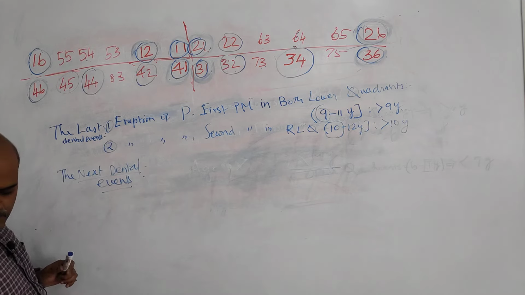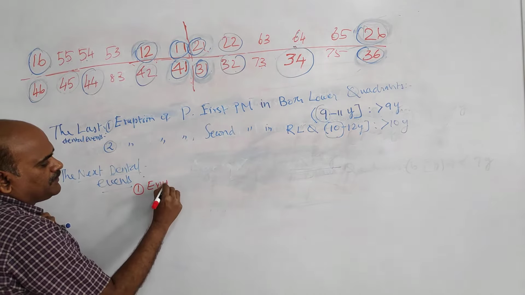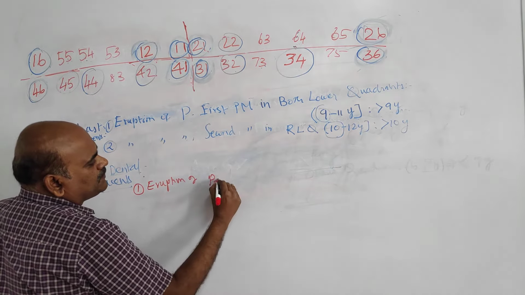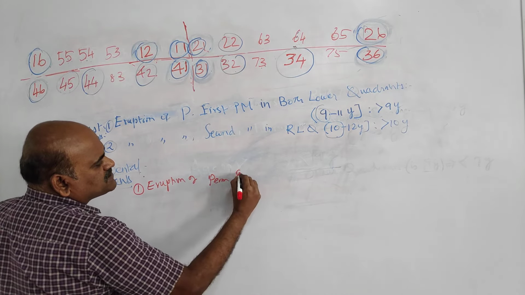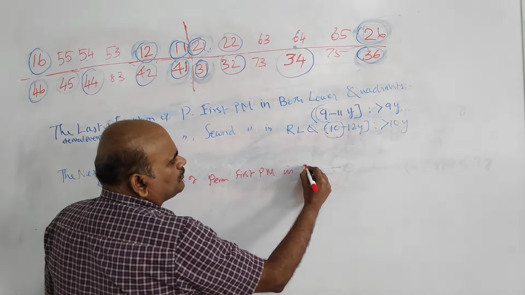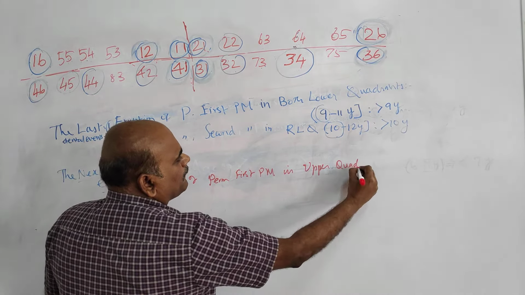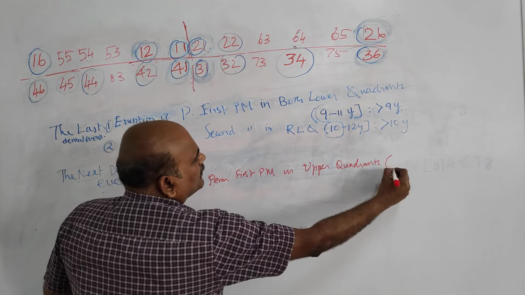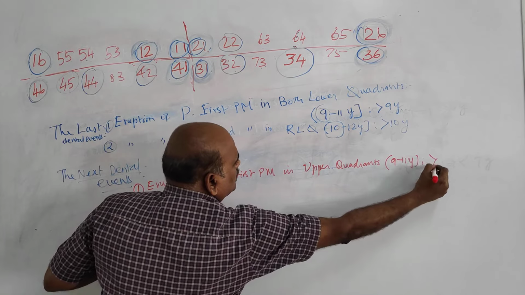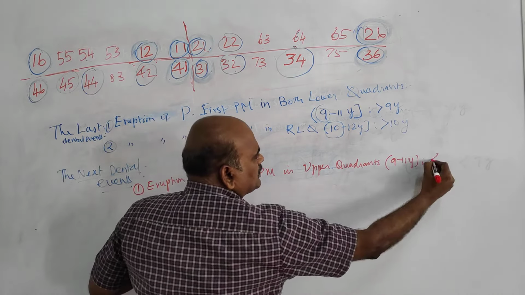Here eruption of same permanent first premolar in upper quadrants. Okay, in upper quadrants or upper jaw you can write. What is the normal age? 9 to 11 years. So since it has not yet erupted, take the upper limit.